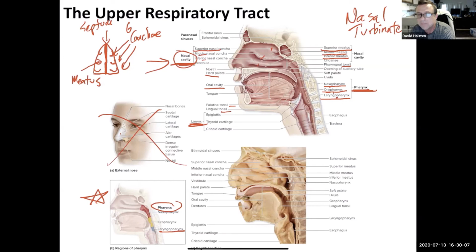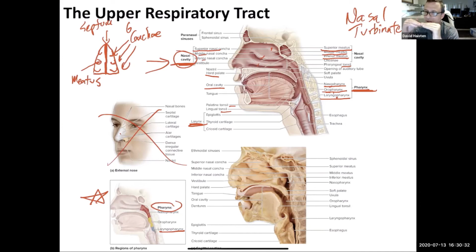Your hard palate is formed by the palatine processes of the maxillary bones, your maxillae, the horizontal parts. The palatine processes of the maxillary bones form the floor of the nasal cavity and the roof of the oral cavity.